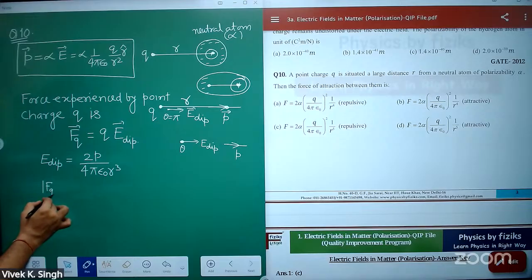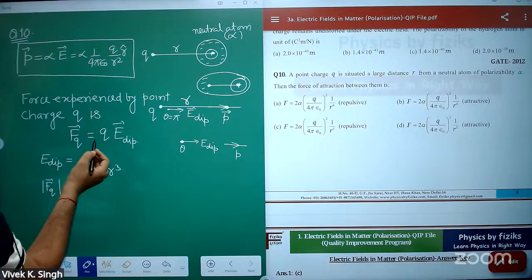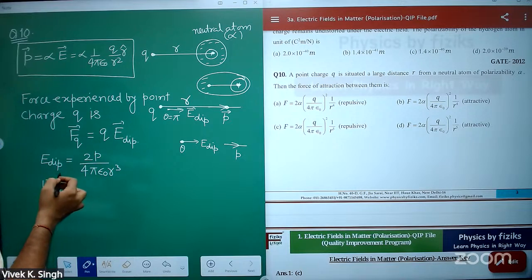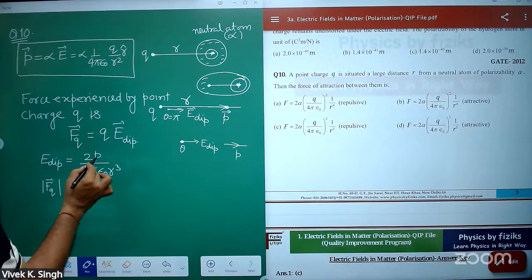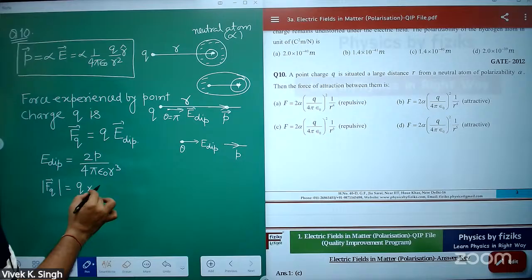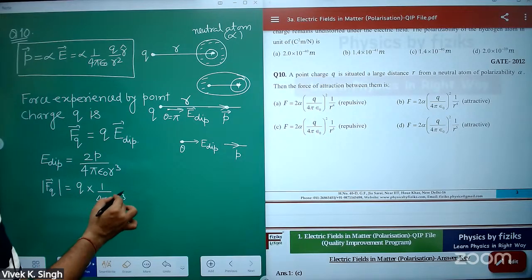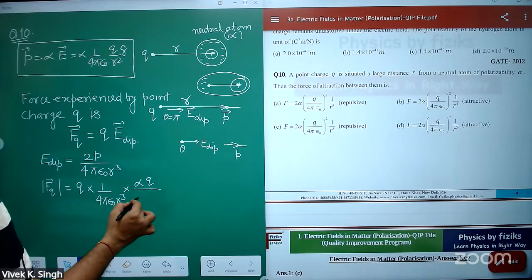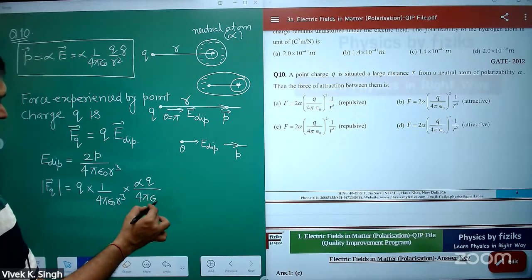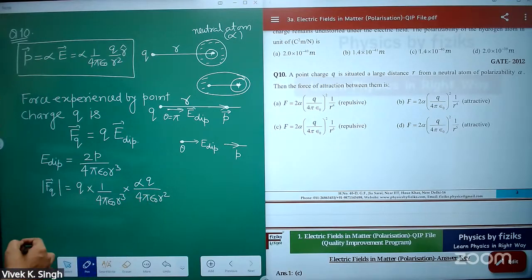Just multiply these two. Force experienced by charge Q is Q into E. So I will write 1 by 4 pi epsilon naught r cube, and the dipole moment is alpha Q by 4 pi epsilon naught r square.